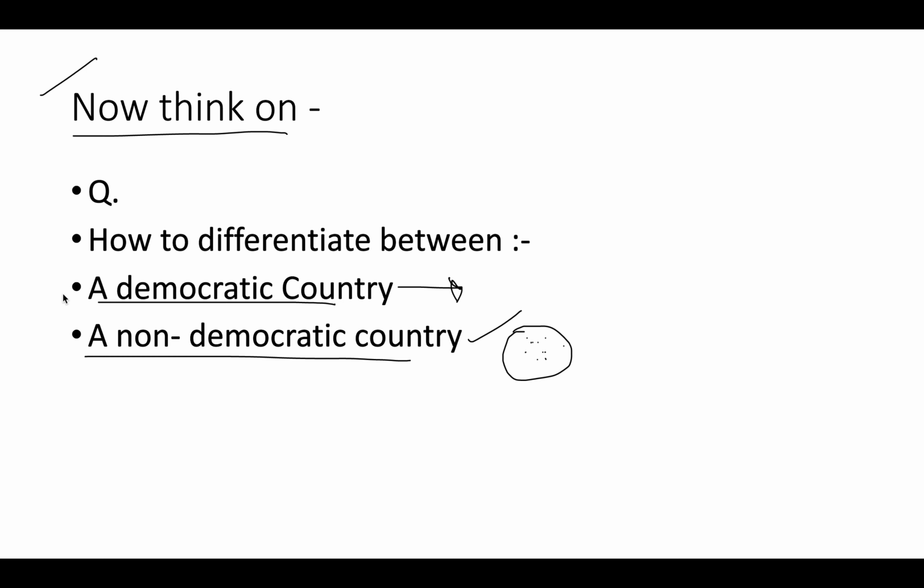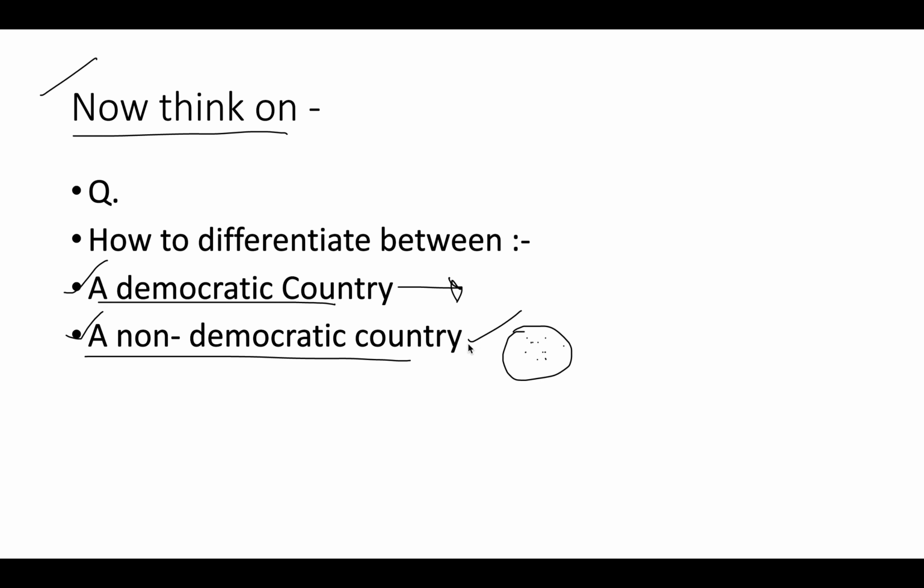Then we have, if the people have the right to vote. If yes, they have a right to vote, then it is a democratic country. But if they do not have a right to vote, or if certain people have it and others do not, then it is not a democratic country. Because in the decision making, all the citizens of the country were not participating.